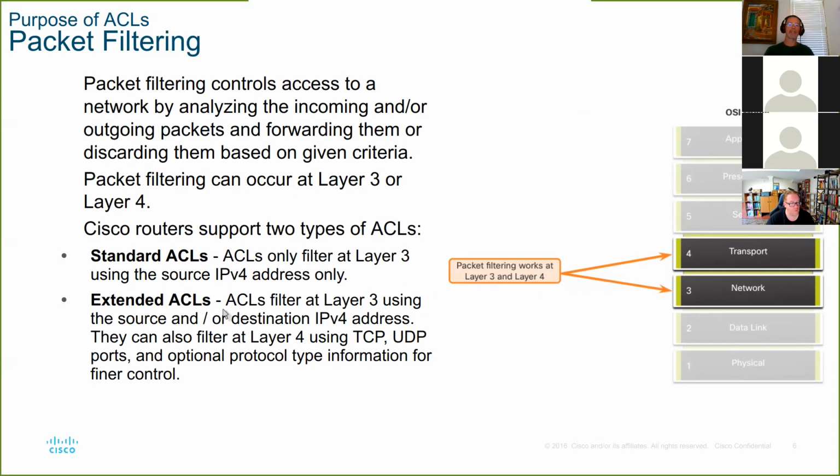An extended ACL can filter based on source and destination IP address, along with source and destination port addressing. So this is how we can filter out telnet. We need an extended ACL to say, no telnet allowed across this barrier. Or you can only telnet to this device, or this user can SSH to that device only. These are the kinds of things that we can build in.